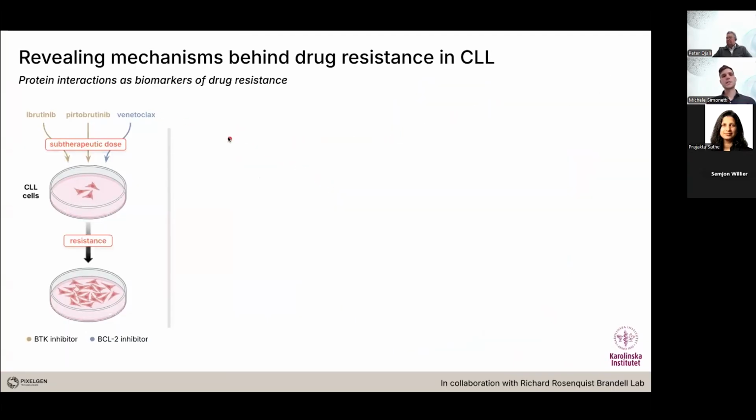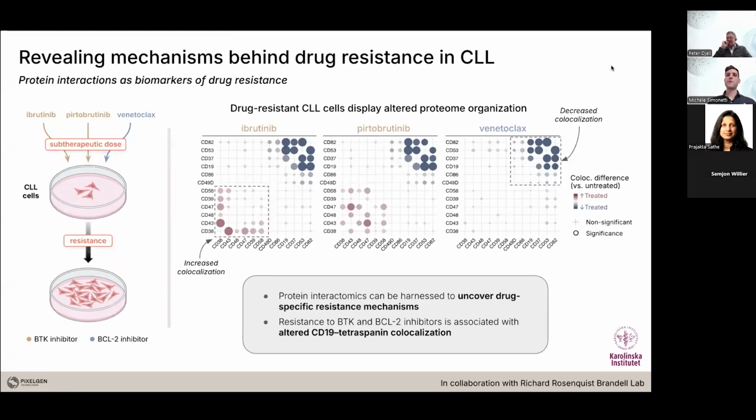In the first part, we basically wanted to understand which were the mechanisms behind the drug resistance in CLL. So what we had was CLL cells, which were treated with 3 different drugs, either BTK inhibitor or BCL2 inhibitor, to induce resistance. And then we looked at the differences in the proteome organization.